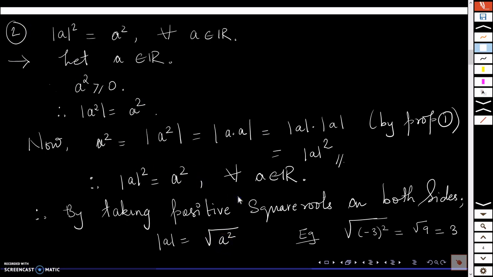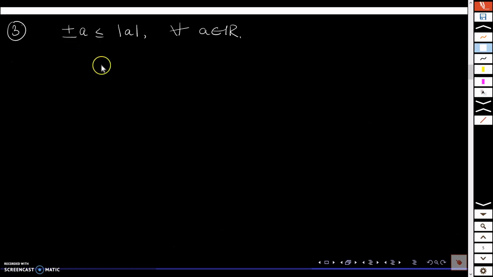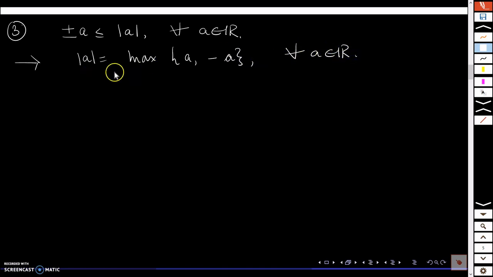Moving on to the third property, this says A is less than or equal to mod A and minus A is also less than or equal to mod A. So plus or minus A is always less than or equal to modulus of A. Now we have already seen that mod A is nothing but the maximum of A and minus A, for any real number A. Because modulus of A is the maximum of these two, it has to be bigger than or equal to both of them.